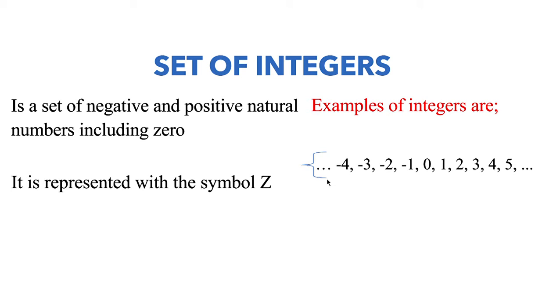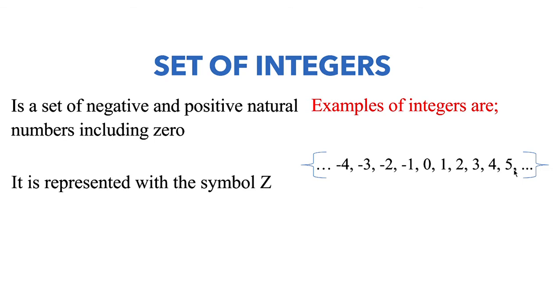So it can be negative 100, negative 99, negative 98, or negative 4, negative 3, negative 1, 0, plus 1, plus 2, plus 3, plus 4, plus 5, and so on and so forth. Please note that in math or in science, when you see these 3 ellipses or 3 dots at the beginning, it means that there are some numbers preceding this first number, and if you see it at the end, it means that there are some numbers that come after this number.